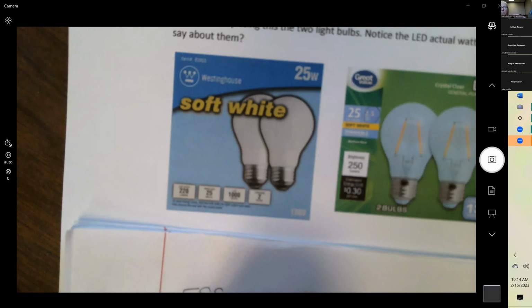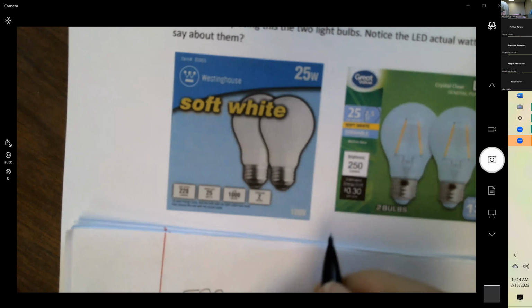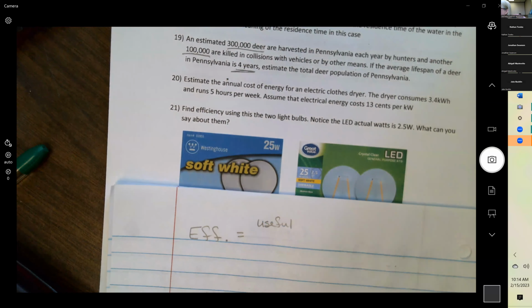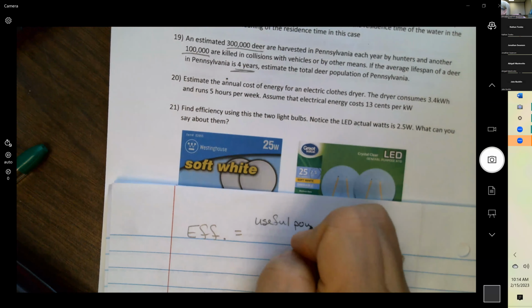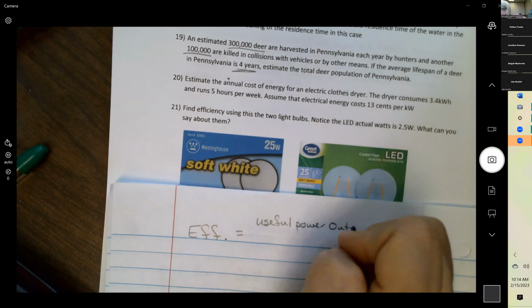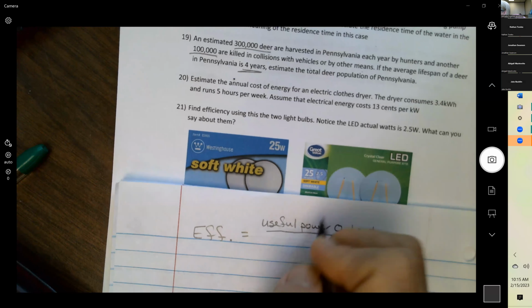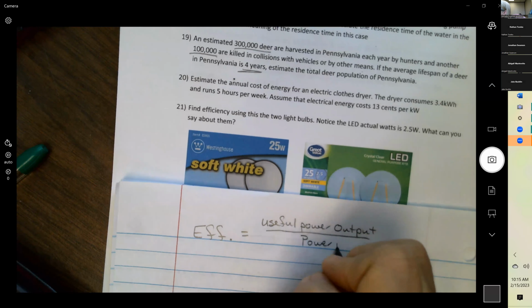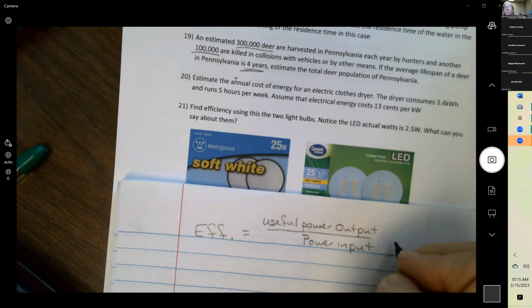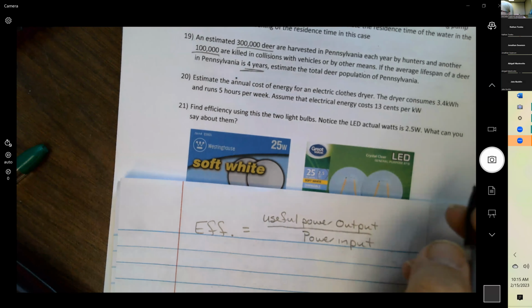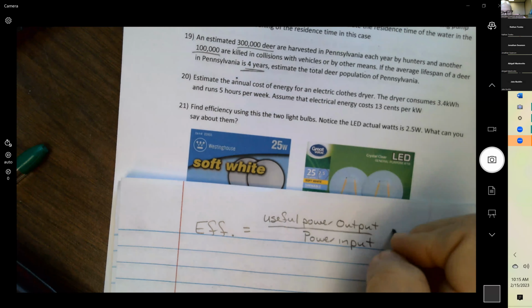Efficiency is the useful power output over the power input. The useful power, that's your lumens.